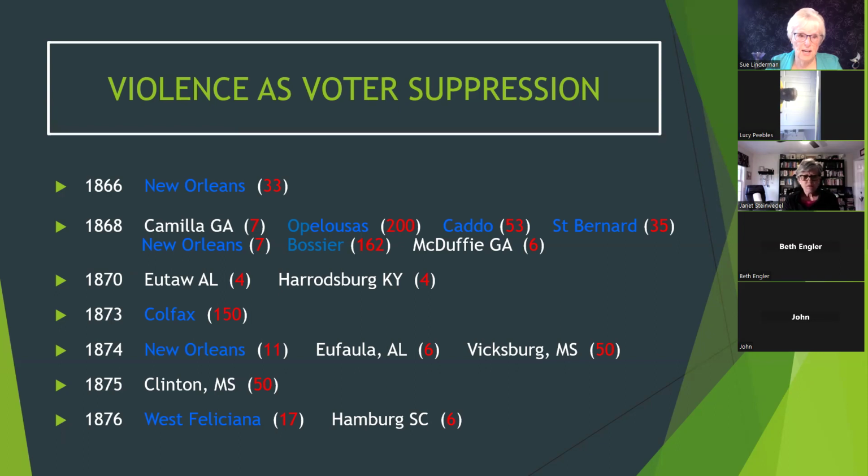In 1868, in Bossier Parish in Louisiana, white mobs terrorized the Black community in widespread attacks leading right up to Election Day, killing at least 162 people for either registering to vote, going to vote, or having voted. In McDuffie County, Georgia, that year, a Black man named Perry Jeffries, his wife, and 4 of their sons were attacked and lynched by white mobs who targeted Mr. Jeffries because he voted.